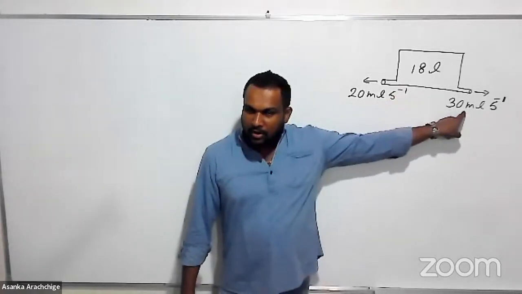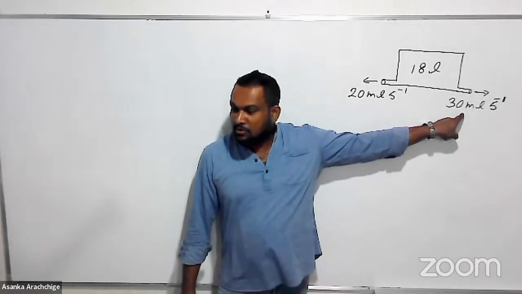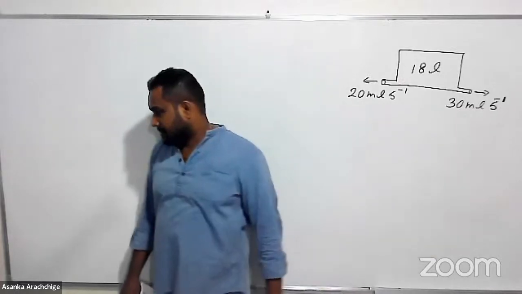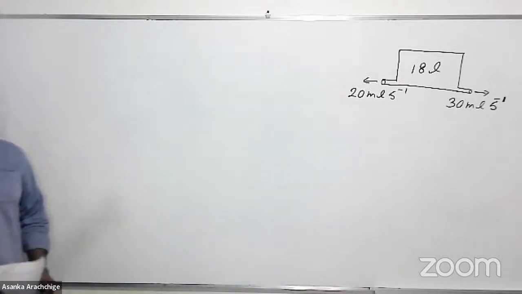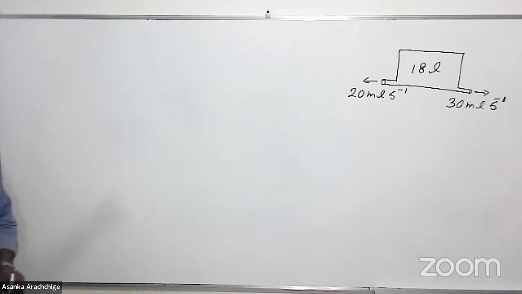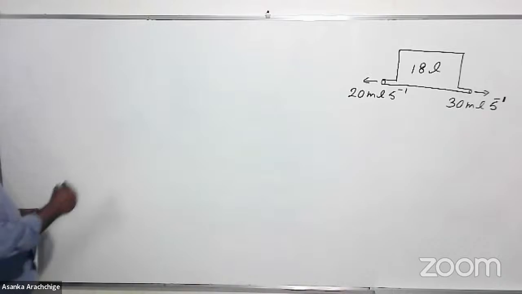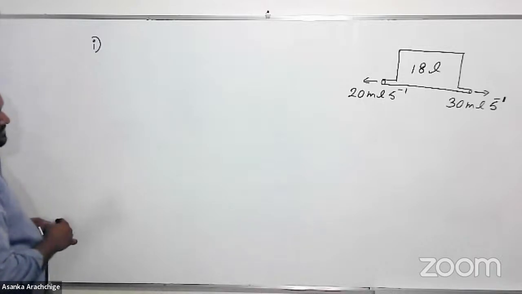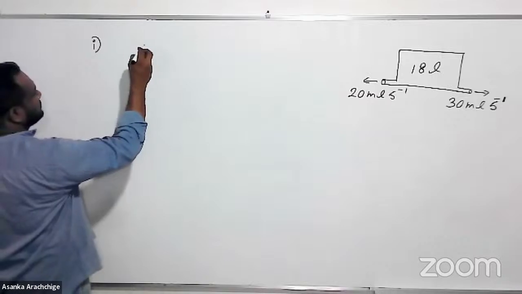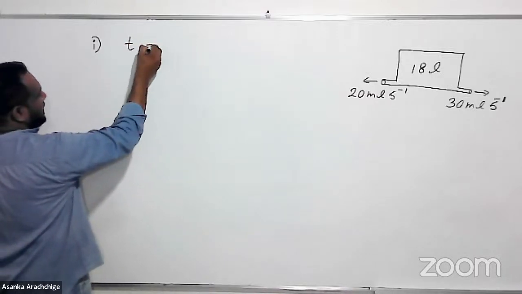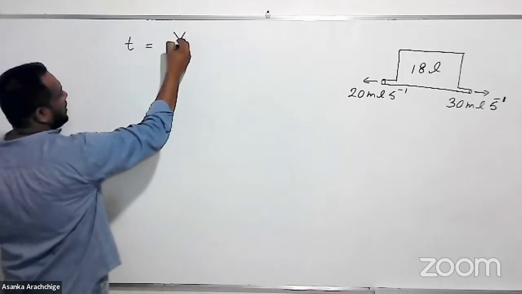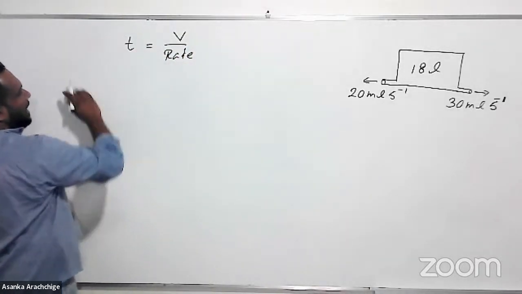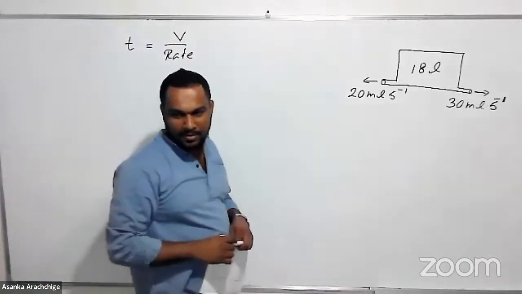From the other gate, water goes out at a rate of 30 milliliters per second, not per minute. Time equals volume divided by rate.